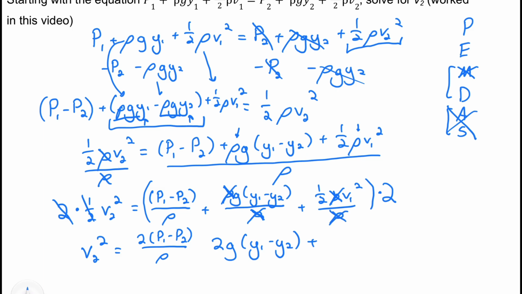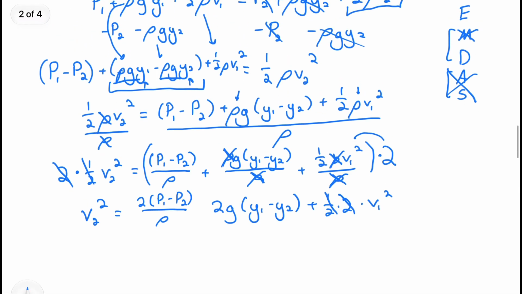And now this 2 multiplied times that half cancels out as well, right? So we have 1/2 times 2 times v1 squared, and then that 1/2 and that 2 also cancel out. So we end up getting things a little bit simpler over here, right? And then I did forget an addition sign between those first two terms. So good, everything's still adding over on that right side.